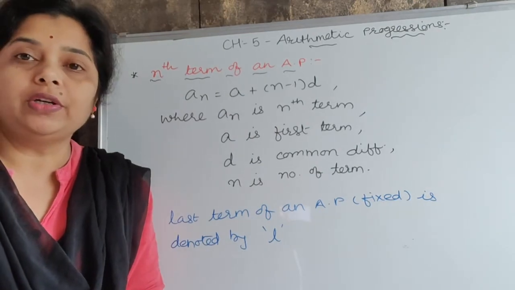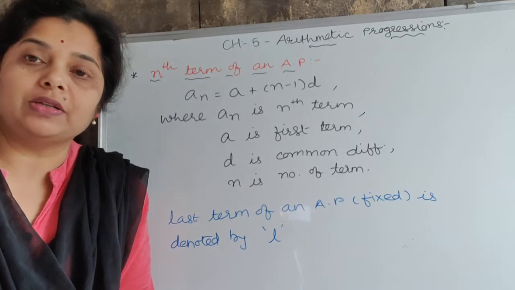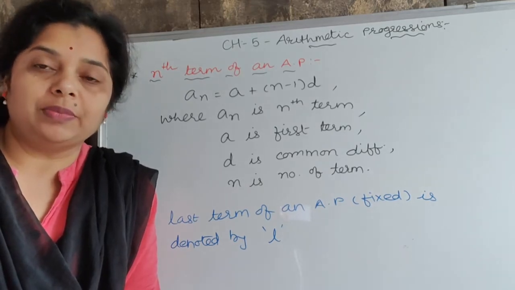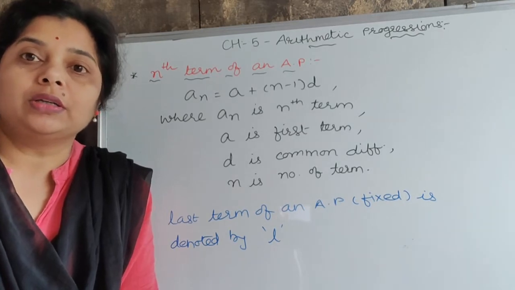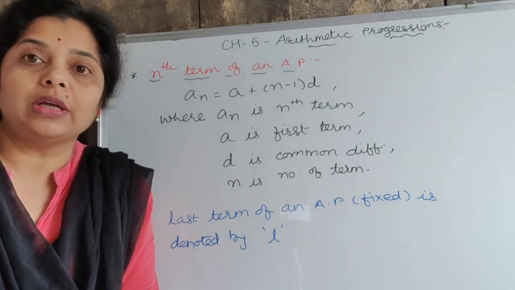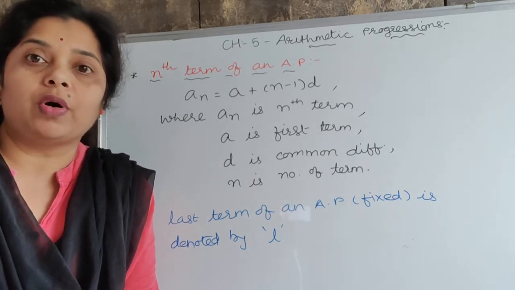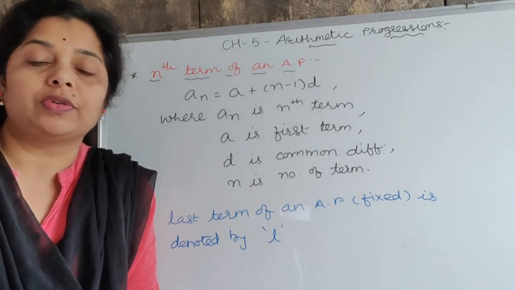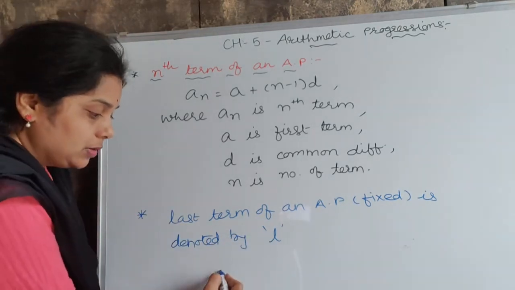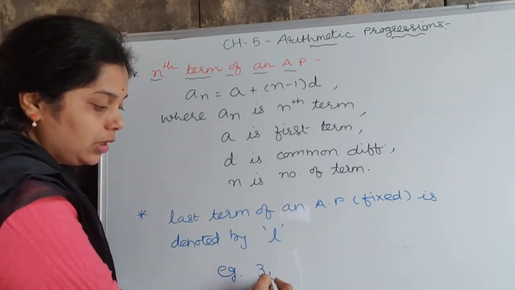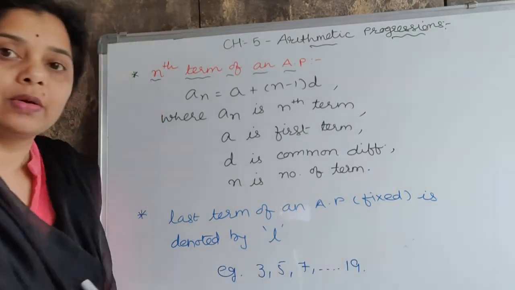And we already talked about the two types of AP: finite and infinite AP. Finite AP means the AP in which the terms are fixed. It is not extended or infinite, the number of terms is fixed. For example, 3, 5, 7, up to 19.